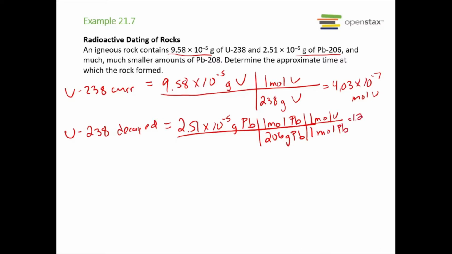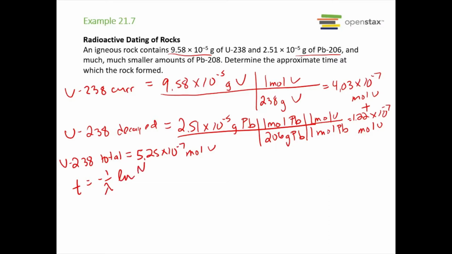So this is 1.22 times 10 to the -7th moles of uranium. So the total amount of uranium-238 is equal to those two summed up. So that's 5.25 times 10 to the -7th moles. So now we can use our t equals -1 over lambda natural log of Nt over N naught to figure out our amount of time.